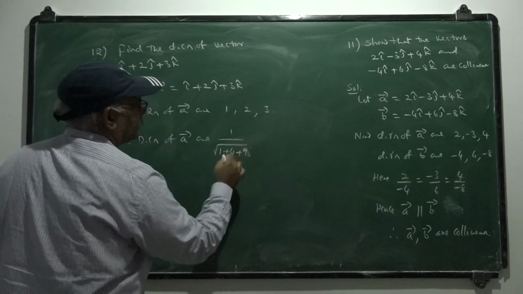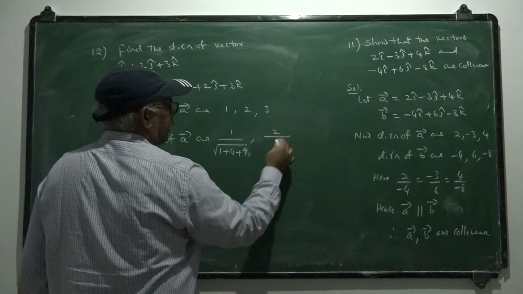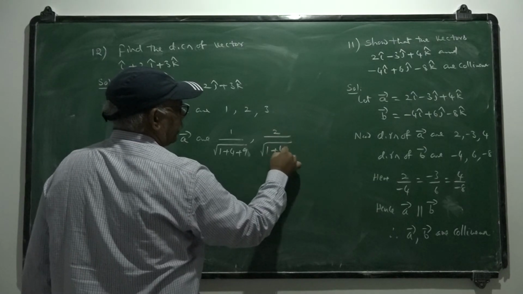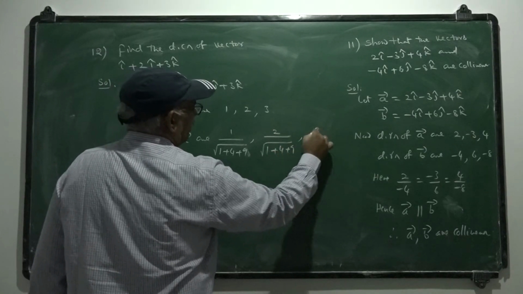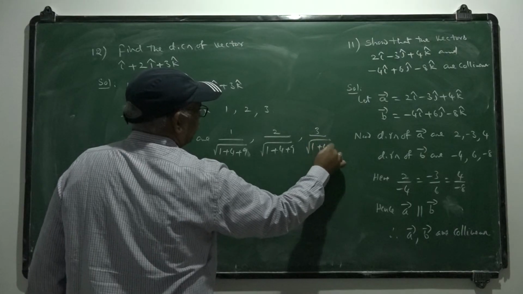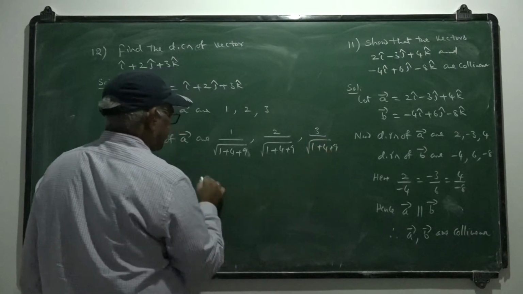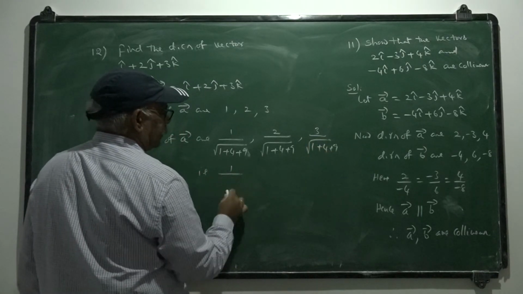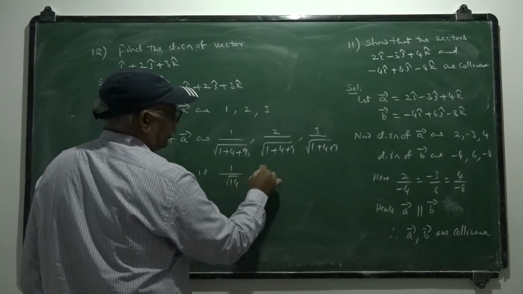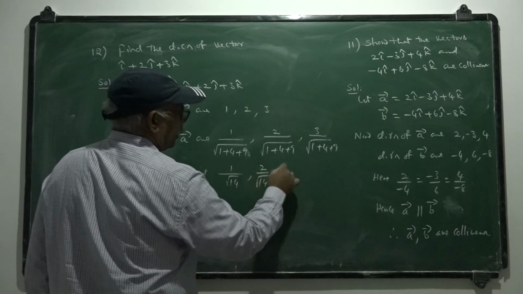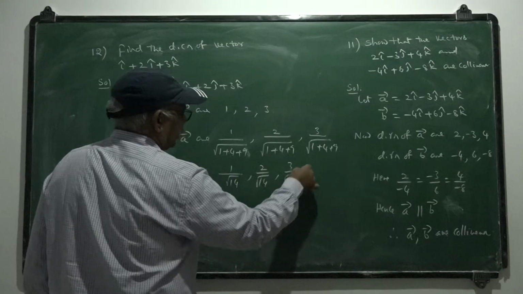So, this is 1 by square root of 1 plus 4 plus 9, 2 by square root of 1 plus 4 plus 9, 3 by square root of 1 plus 4 plus 9 itself. That is 1 by root 14, 2 by root 14, 3 by root 14 itself.